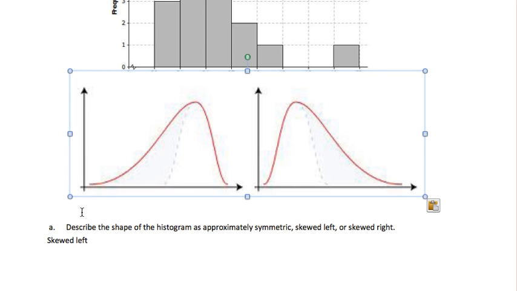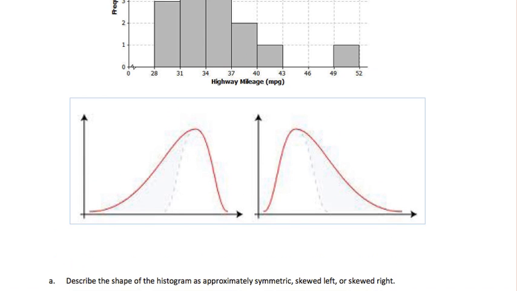So in looking at 2 different skews, please notice that the graph on the left is skewed left because there would be data that is much further to the left than the majority of our data.